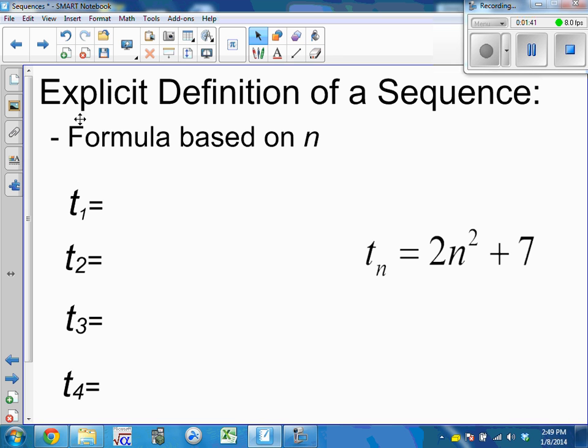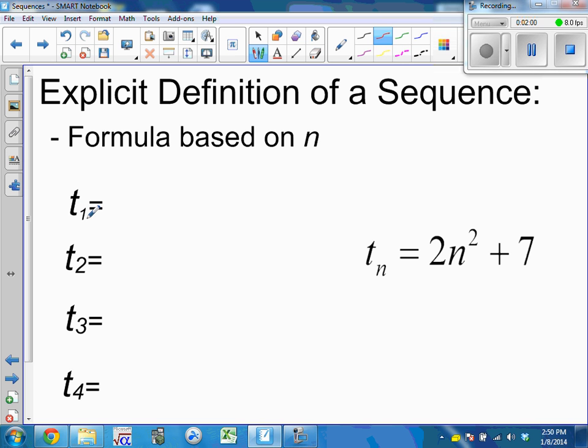An explicit definition of a sequence is a formula that's based on n. So as we looked at in the last couple sections, if we had t sub n equals 2n squared plus 7, that's an explicit definition.